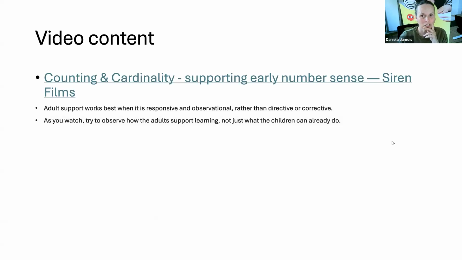I highly recommend you have a look at that. They mention adult support works best when it's responsive and observational rather than directive or corrective. And they suggest that as you watch, you try to observe how the adult supports the learning, not just what the child can already do.